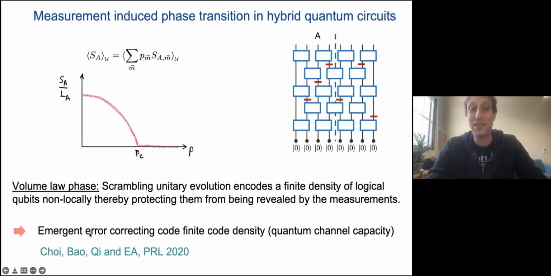It tells you that there is an emergent quantum error correcting code due to the scrambling of the information, and that is what ensures the robustness of the large-scale volume law entanglement. Only when you degrade this protection enough do you have a critical point towards an area law state.